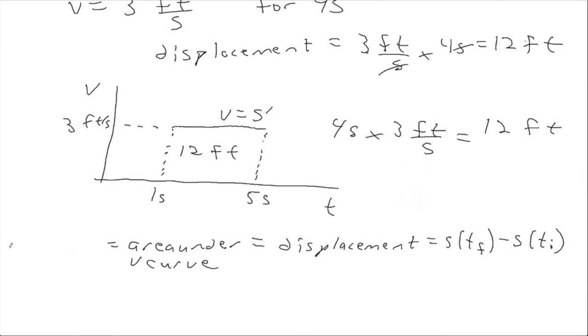Yep. So we could also say the area under the S prime curve is this. We've proven that when the velocity is horizontal, and it's still true when the velocity is not horizontal.